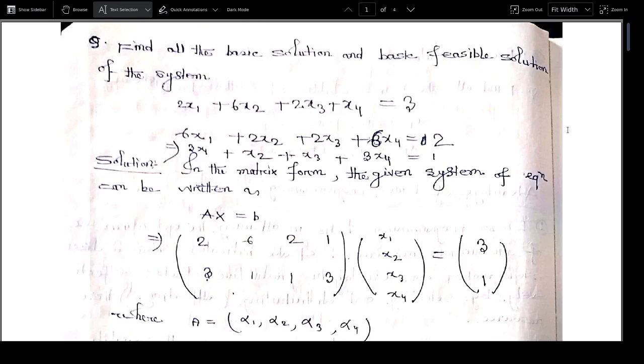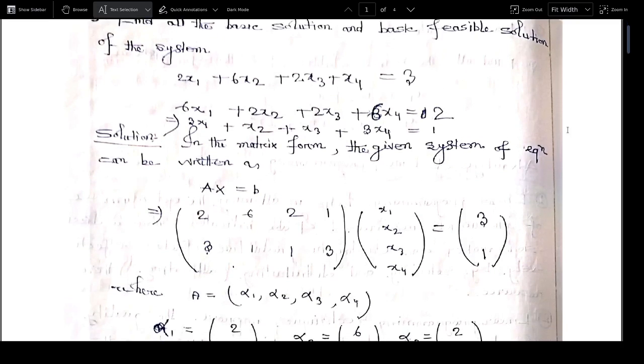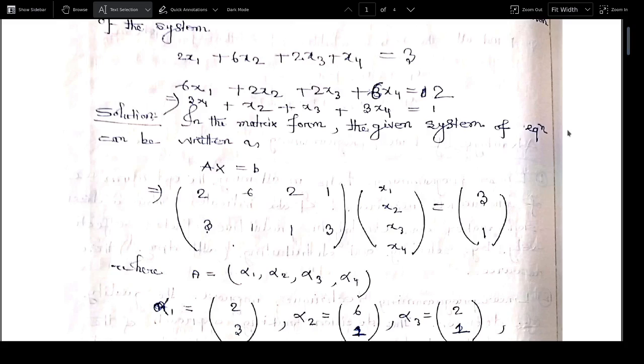So what are the possible basic solutions here? How many basic solutions shall we get? Nihal, Roshni, how many basic solutions? Nihal already told 3 basic solutions.